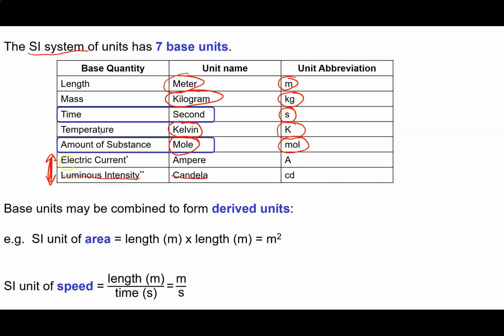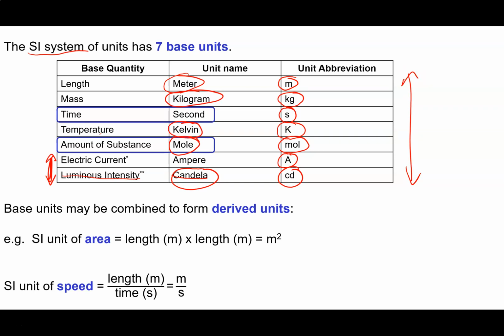But electric current has the base unit of the ampere. It's named after a person, so its abbreviation is uppercase A. And then luminous intensity, which is how bright a light is, has the unit name candela, and that has the abbreviation all lowercase cd.